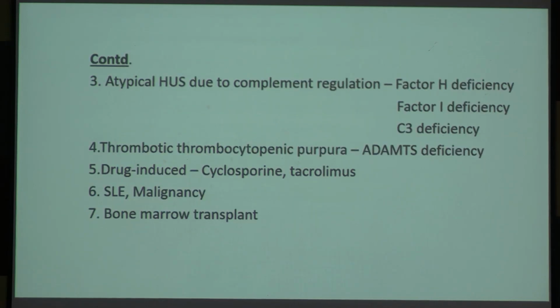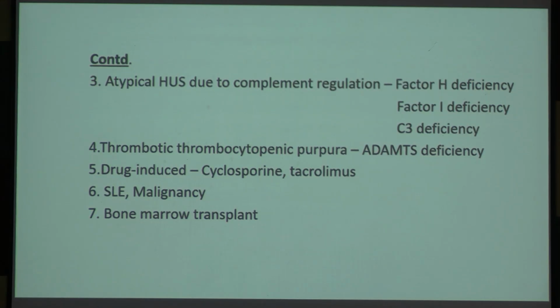Atypical HUS. Atypical hemolytic uremic syndrome due to complement regulation defects like deficiency of factor H or factor I, and C3 deficiency. Then TTP, Thrombotic Thrombocytopenic Purpura, that is due to ADAMTS13 deficiency.